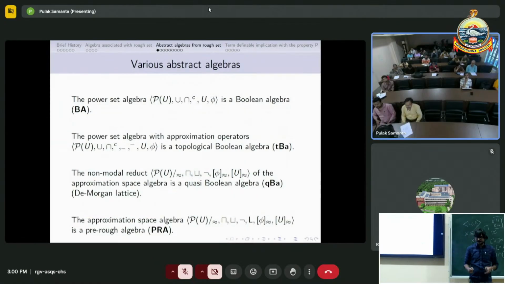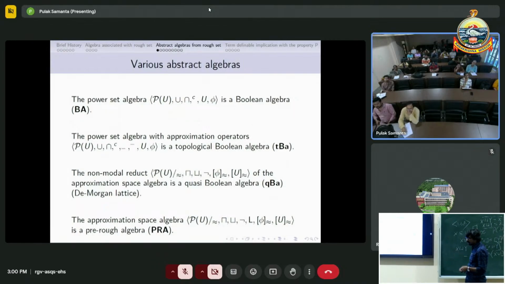So from rough set theory we have these four abstract algebras: Boolean algebra, topological Boolean algebra, quasi-Boolean algebra, and Pre-rough algebra. As my talk progresses, more and more abstract algebraic structures will come from rough set theory.